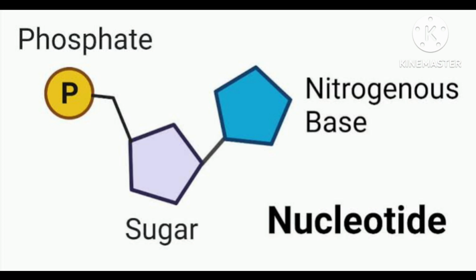Phosphoric acid is there, that will join with the other, two phosphoric acids will join. Nucleotides will join with phosphodiester linkage. I will tell this by the structure, the formation of a dinucleotide.